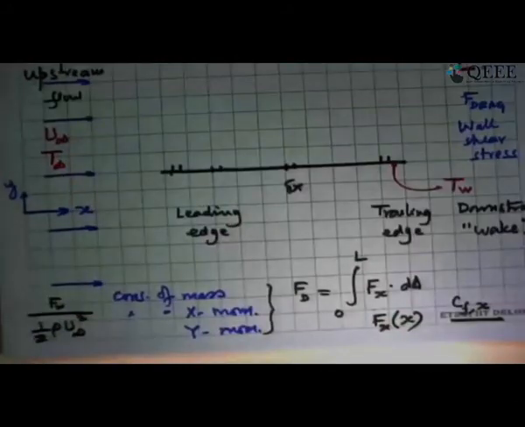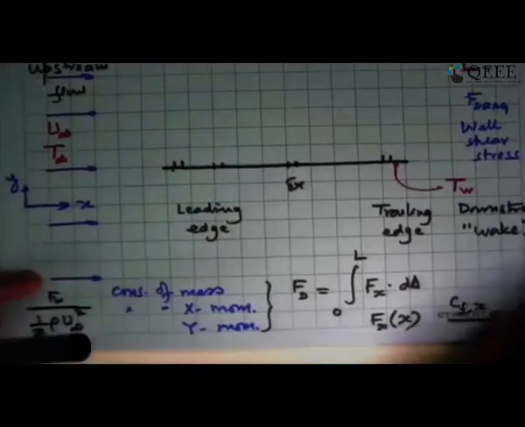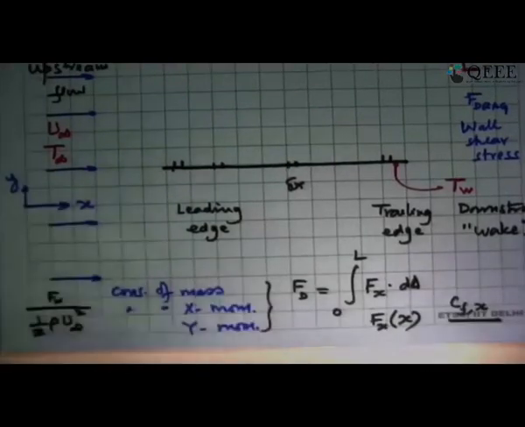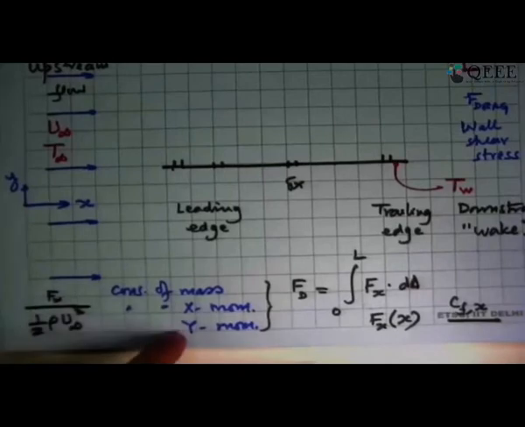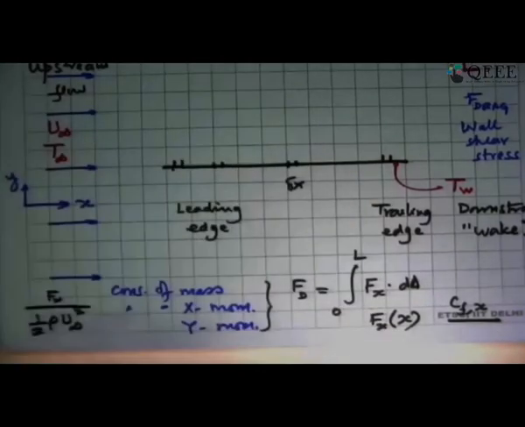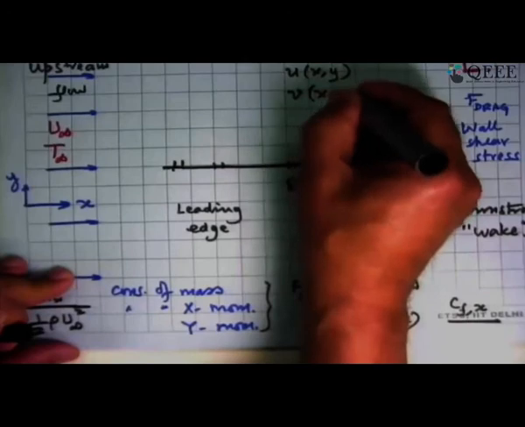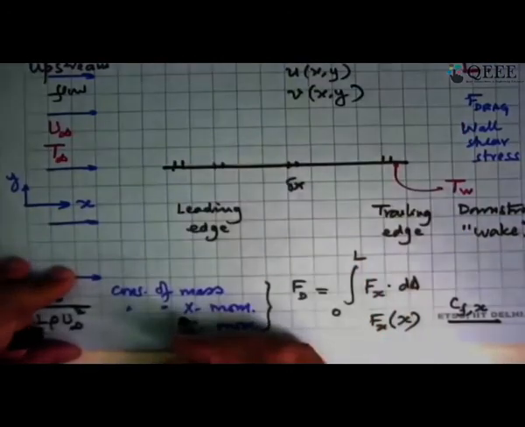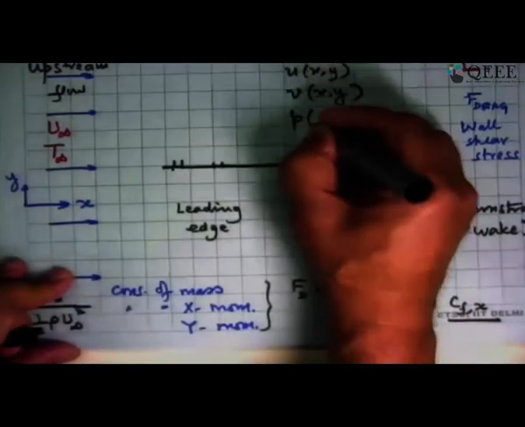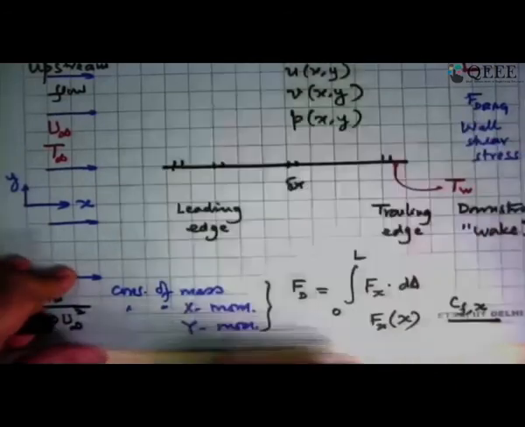And so how can I get that from solving the equations? Well, the thing to do is to set up these equations and then solve them explicitly, which will give you a solution of the form u as a function of x, y everywhere in the domain, the v component of velocity as a function of x, y everywhere in the domain, and pressure as a function of x, y everywhere in the domain.